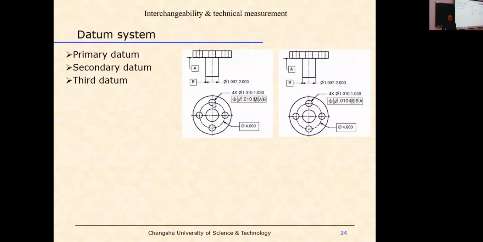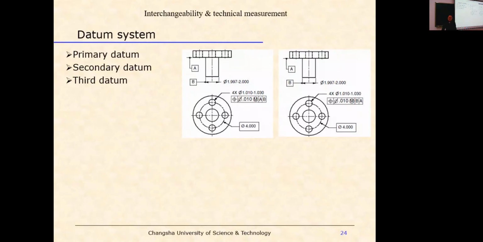And also because we need to describe the axis. Actually, this is the axis, not this circle. So this whole axis, like this one, and this axis is also perpendicular to this surface.